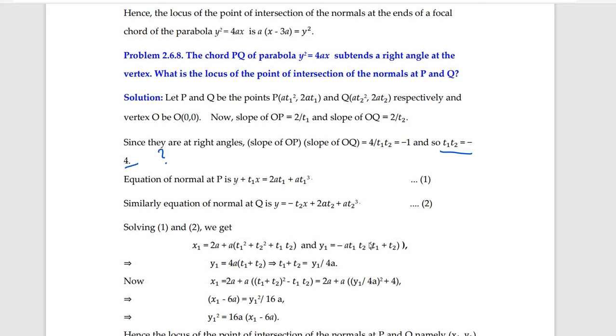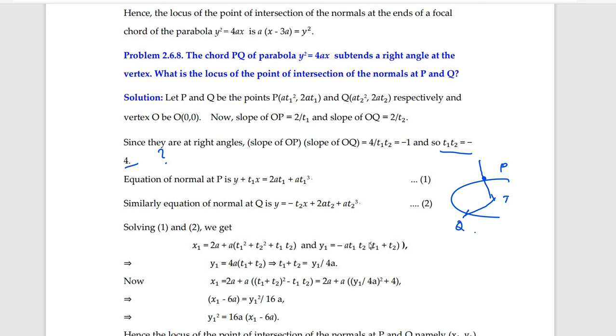How is it? For that, you look at the condition given. The chord PQ subtends a right angle at the vertex. So we have the chord PQ, and the normals at P and Q intersect at some point.